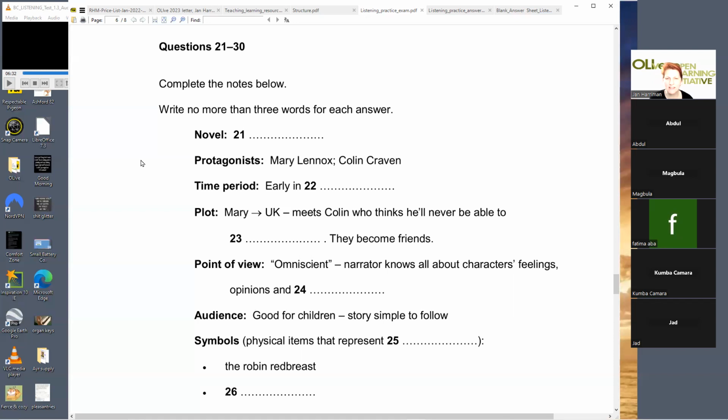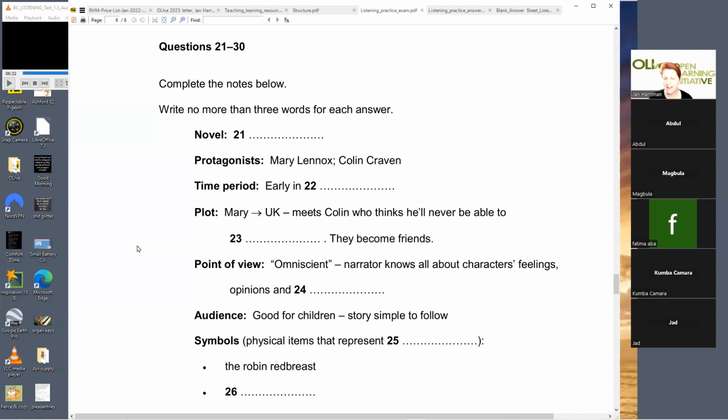What was it that Colin didn't think he would ever be able to do? Walk. Perfect. Good job. How about number 24? This was a complex one. Motivation? Yes. Well done. Bravo.